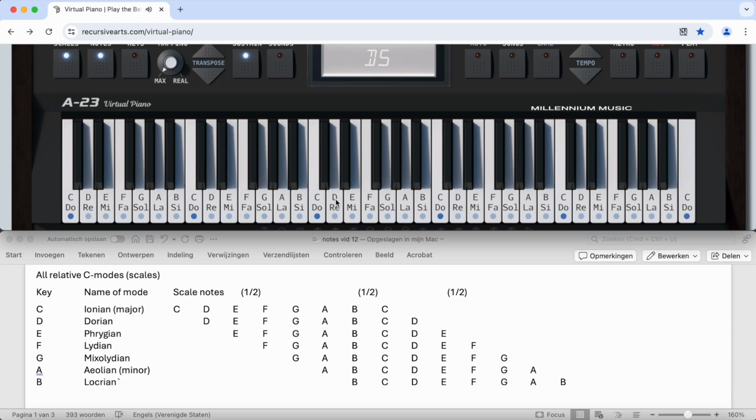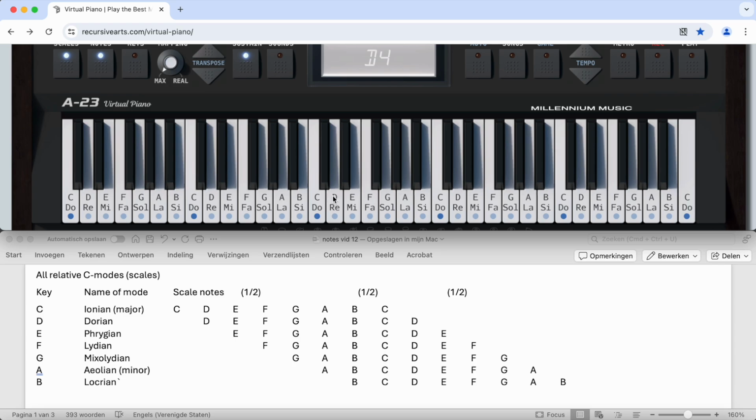This mode, the Dorian mode, was used in a lot of liturgical music, music composed for the Catholic Church. You have to keep singing towards the D. The D should be the last note of your melody.